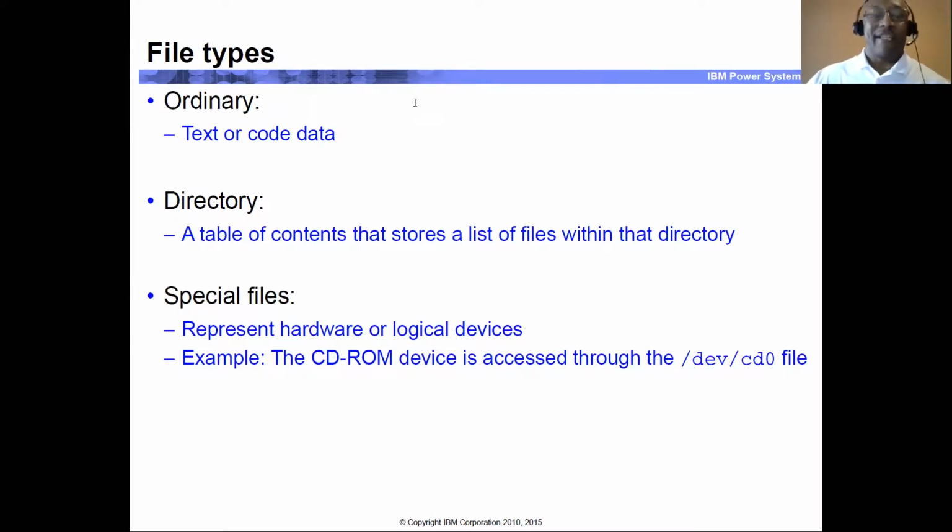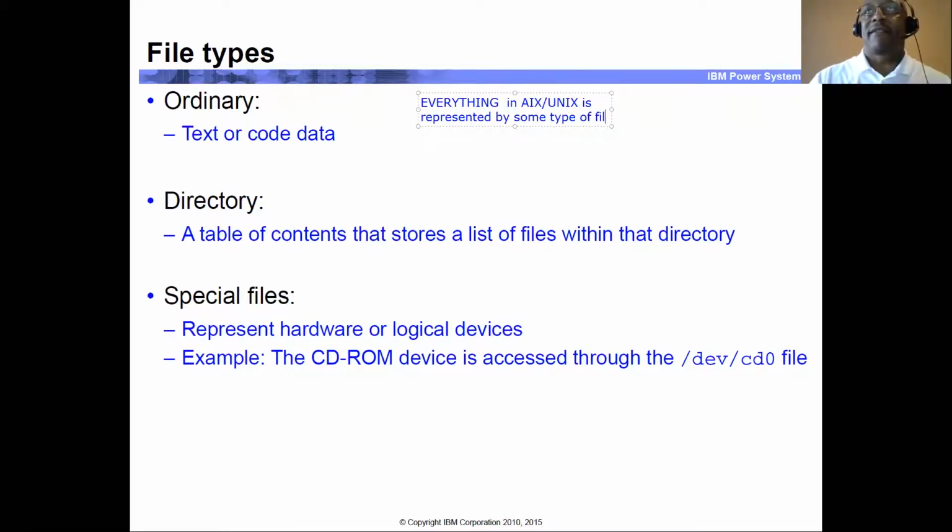So we can say, without a doubt, in uppercase letters, everything in Unix and AIX is represented by some type of file.